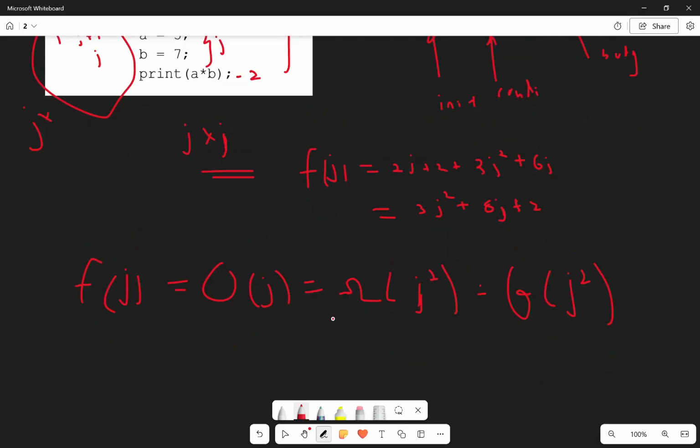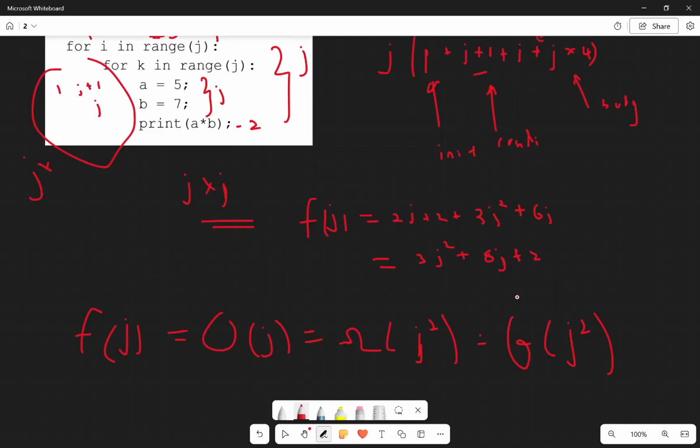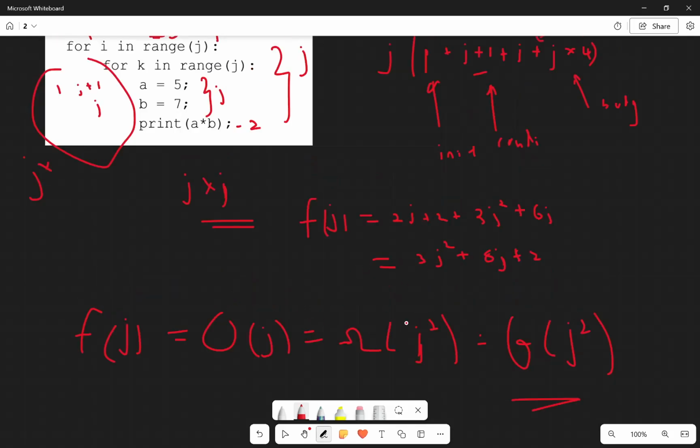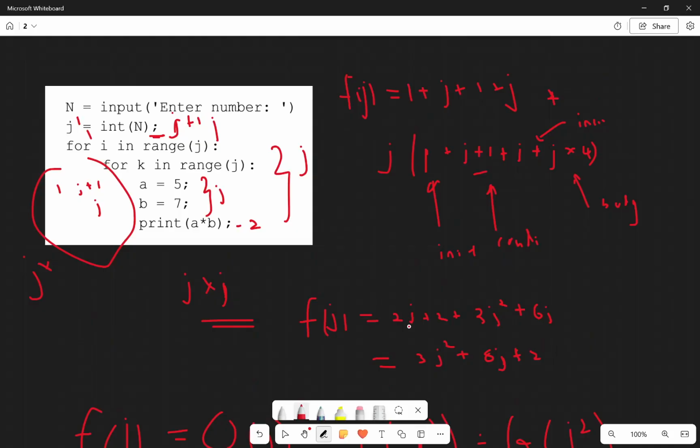As you can see, for most of these functions, big theta notation exists, which means that big O and big omega both share the same g. There are certain situations where that's not true, but for these examples, it is.